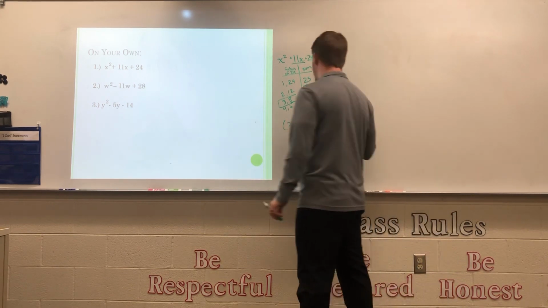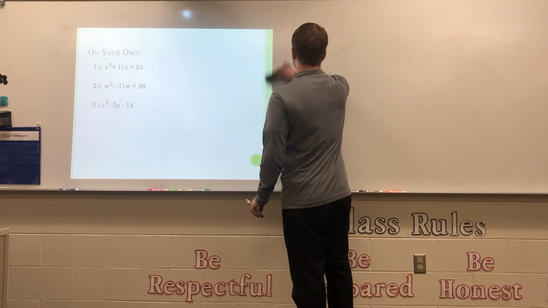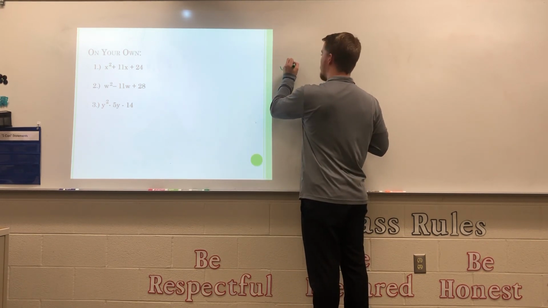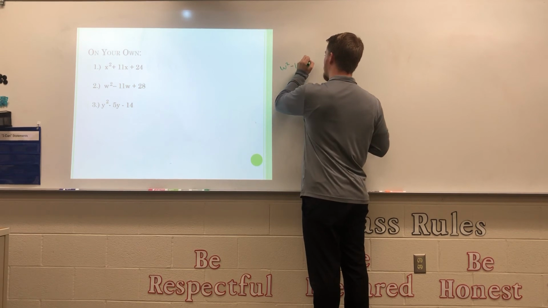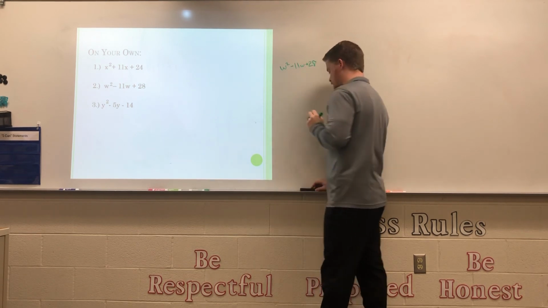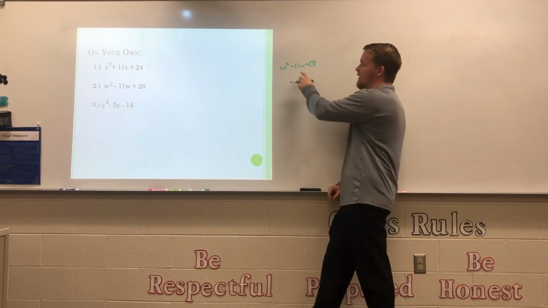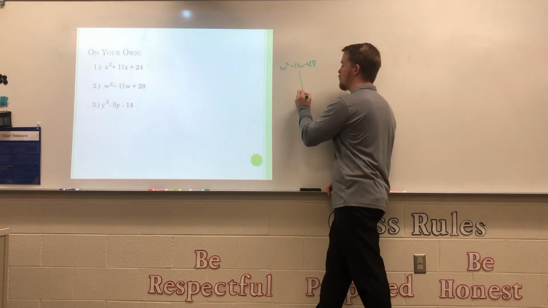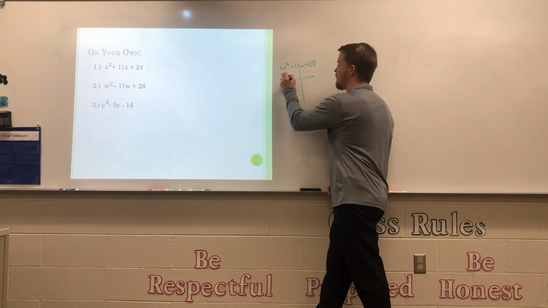Second one, we have w squared minus 11w plus 28. So here we have a negative b, but a positive c. That should tell you right off the bat that you are going to need, so let me write this down real quick, factors of 28 and their sums.